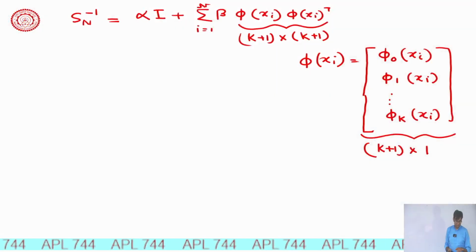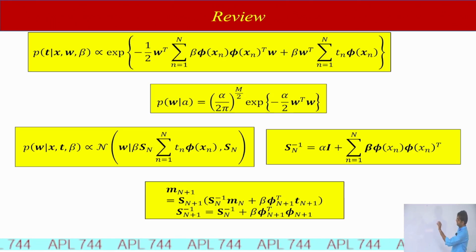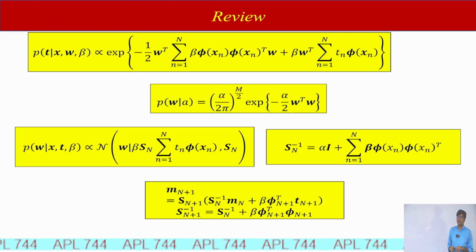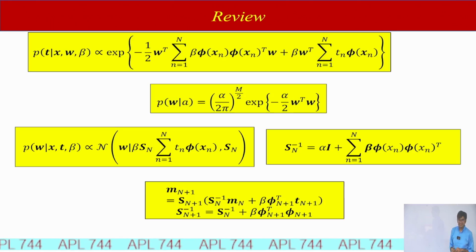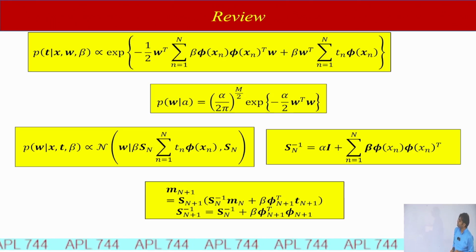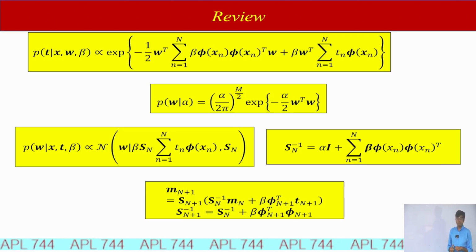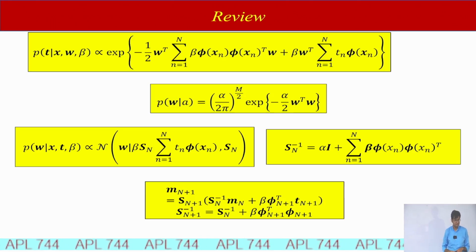Okay. So, now we will come back to this slide, but I have made a review slide which reviews everything that we covered yesterday in Bayesian linear regression. The first one is showing you the likelihood, right. The second one is the prior written in complete form. I just wrote it in proportional form, but this is the complete form.